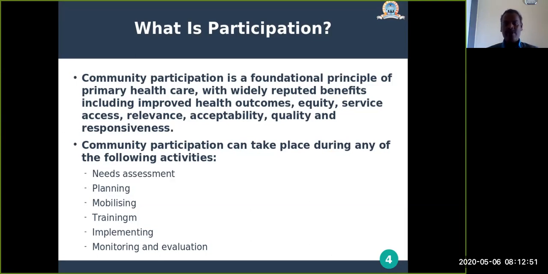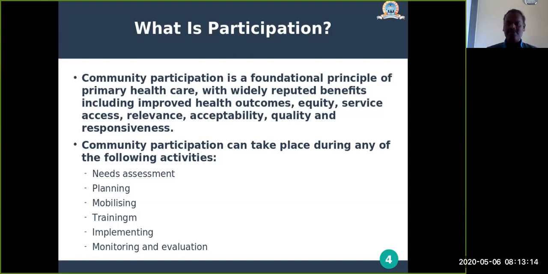When you are making community participation in primary healthcare, it brings widely accepted benefits, which include positive health outcomes, equity in health, service access to all the communities, relevance of the service, and also acceptability among the community, then quality and responsiveness.